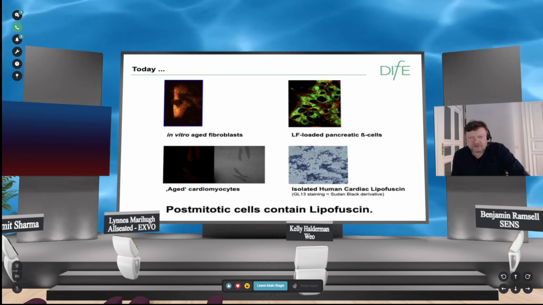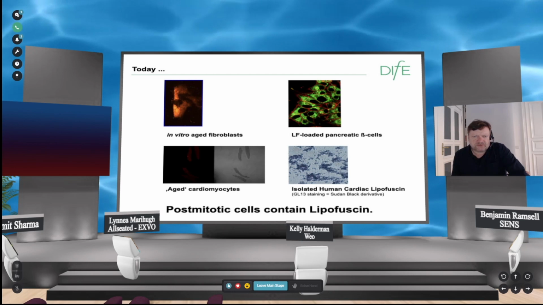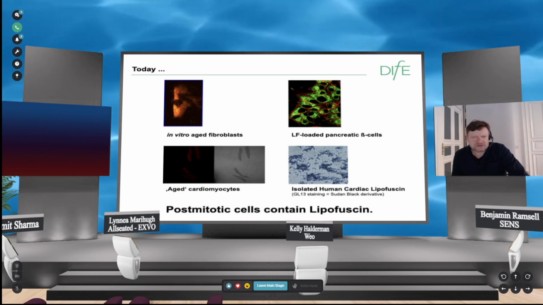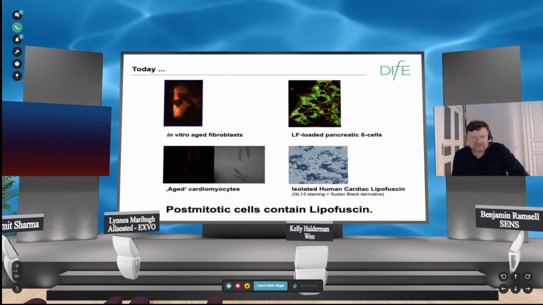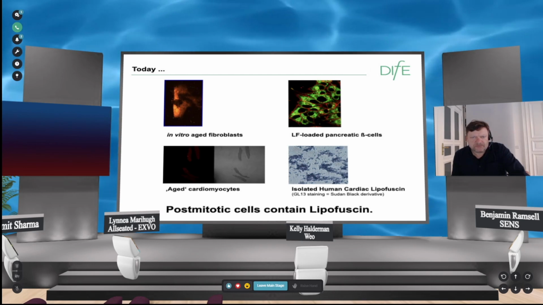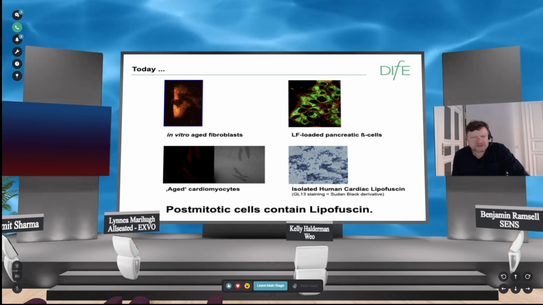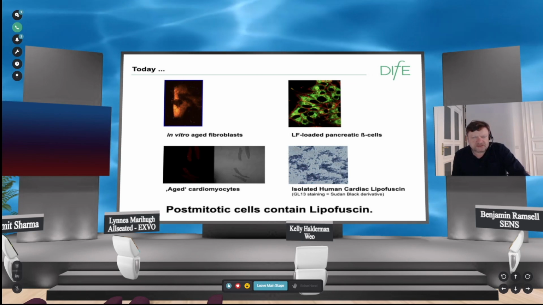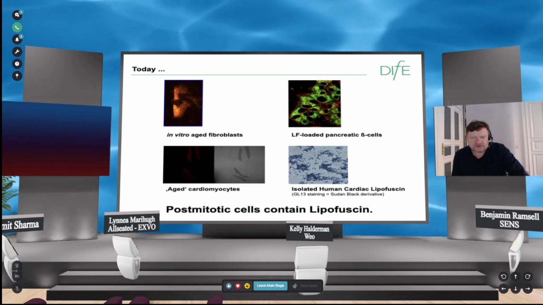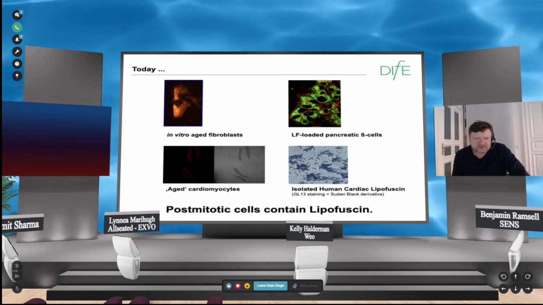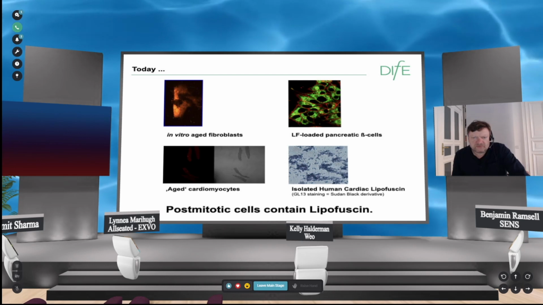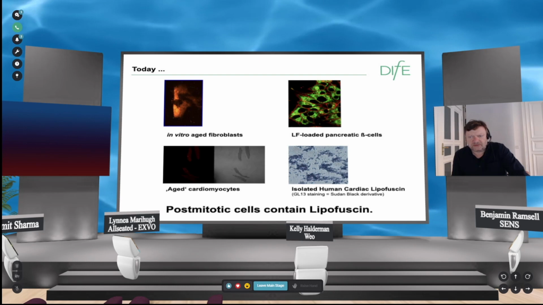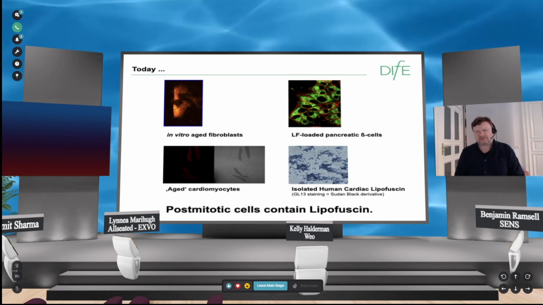You find them in neurons, in beta cells, in muscle cells, and also in certain populations of fibroblasts, as you can see here. The nucleus is essentially free of these protein aggregates, and what you see is not a staining but autofluorescence. It is a little weak here, but the same can be seen for cardiomyocytes, and on the side you see isolated lipofuscin, which we will talk about later.